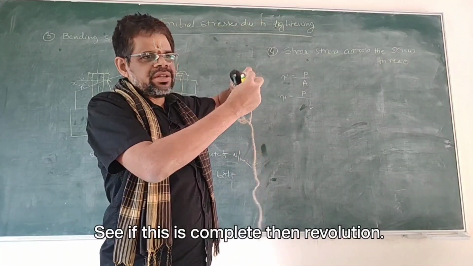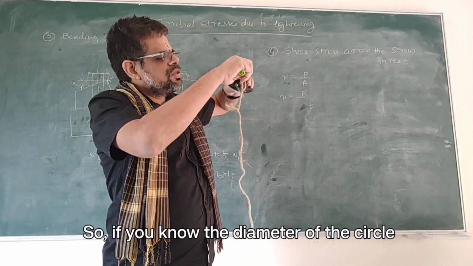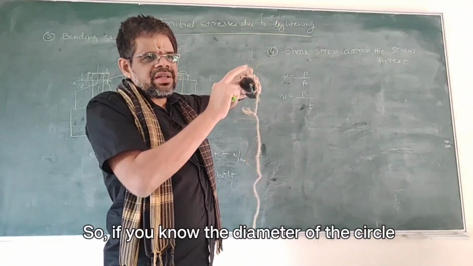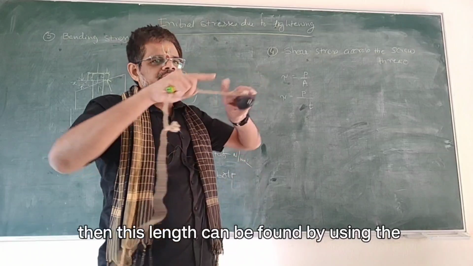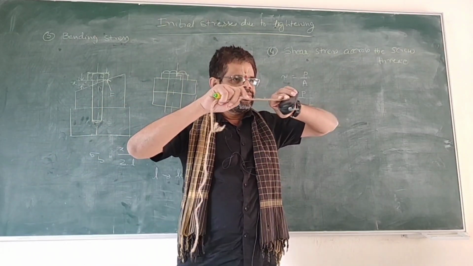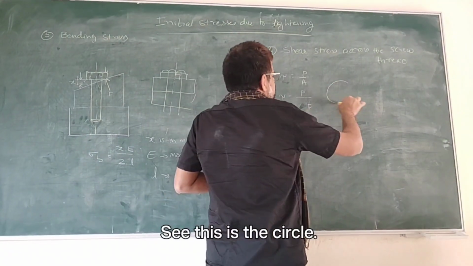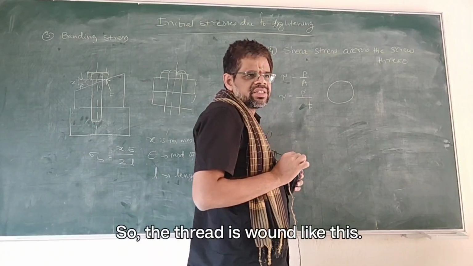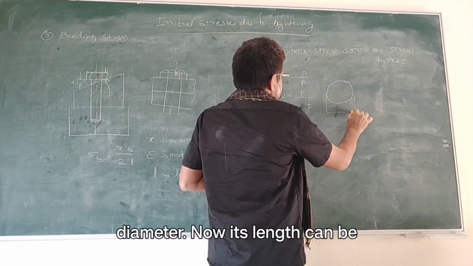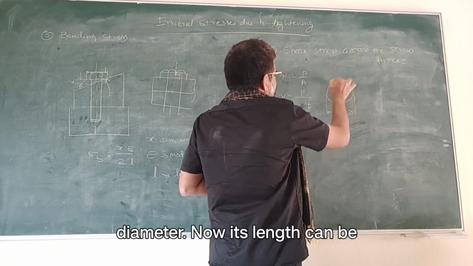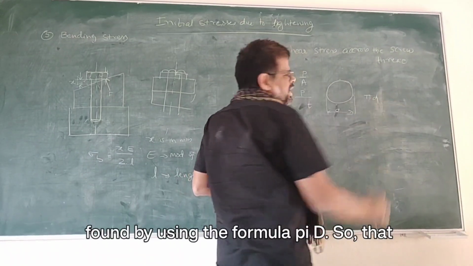See, if this is one complete revolution, and if you know the diameter of the circle, then this length can be found by using the formula pi d. See, this is the circle. So the thread is wound like this, where d is the diameter. Now its length can be found by using the formula pi d.